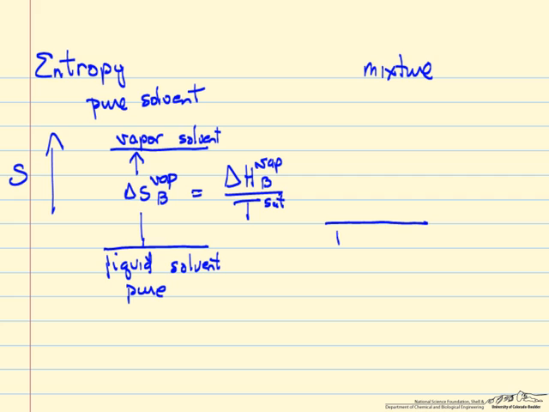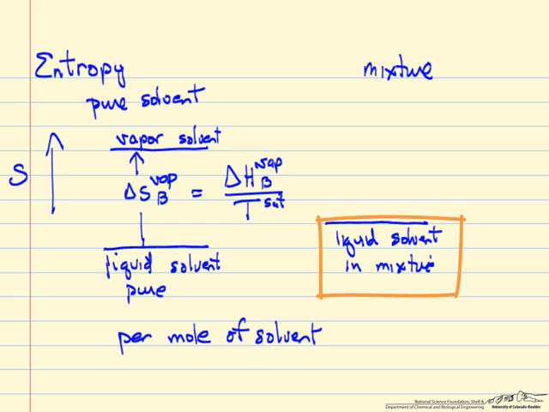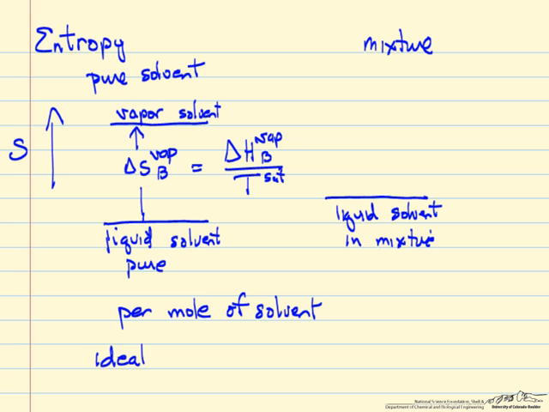This is the liquid solvent that's in the mixture. Keep in mind, we're looking at entropy per mole of the solvent. And this is higher because we have an entropy of mixing. Even though it's an ideal solution, ideal solutions still have entropies of mixing. So the entropy of the mixture is greater than the entropy of the pure component. That's the entropy per mole of the mixture, which means the entropy per mole of solvent is higher.